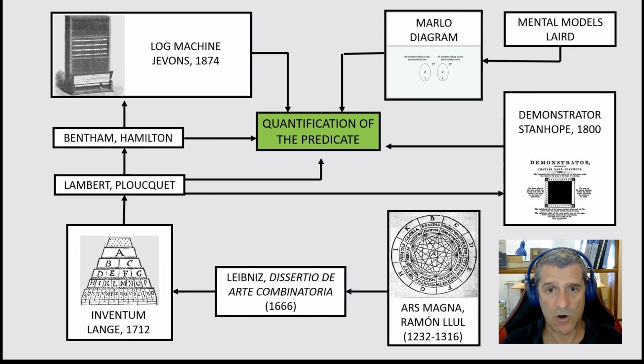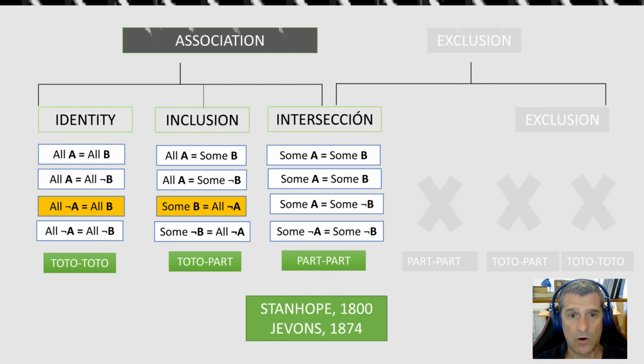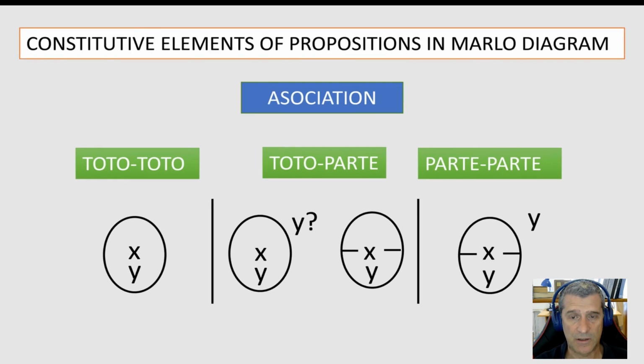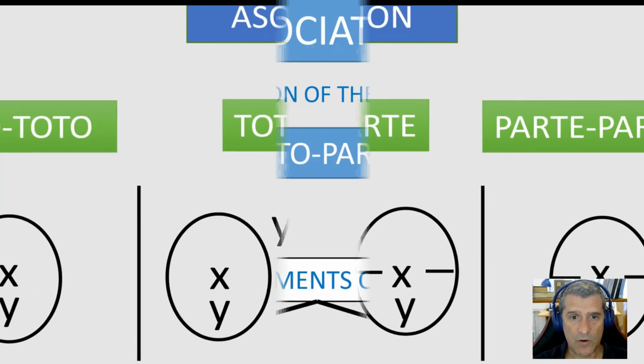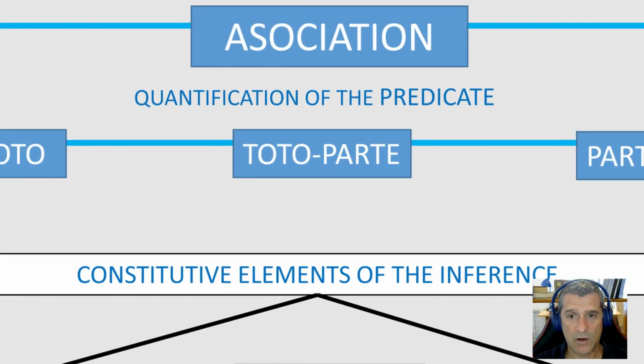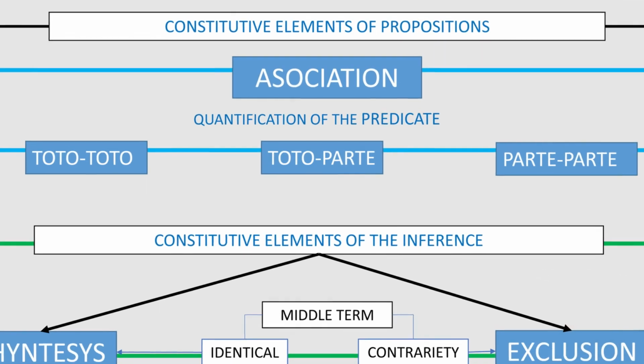In Stanhope, Jevons, Boole, and the Marlo diagram, affirmative and negative propositions are conceived as an equality of part or all of one variable with another. Now, exclusion is not a primitive of the propositions, but only of the inferences, which are nothing more than syllogisms.